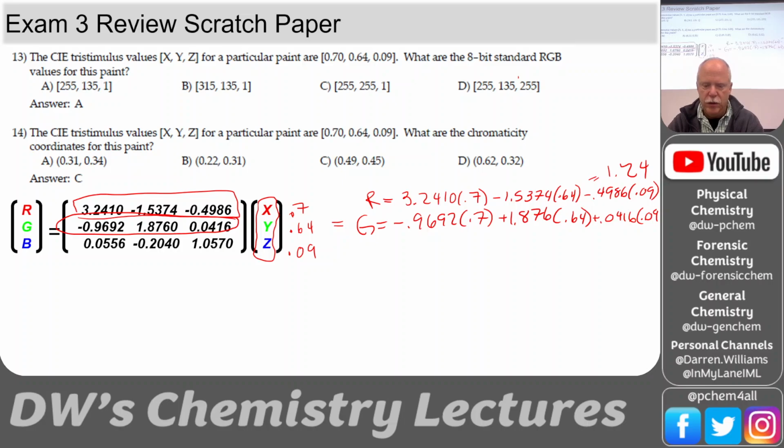Enter 0.9692, 0.7 times, and 1.876, enter 0.64 times plus, and 0.0416, enter 0.09 times plus. Got 0.526. Is that what y'all are getting? Okay, 0.526.